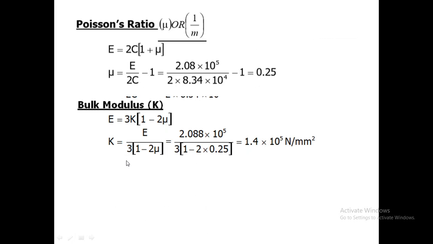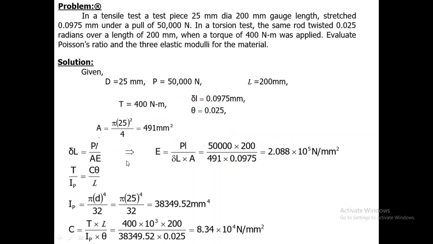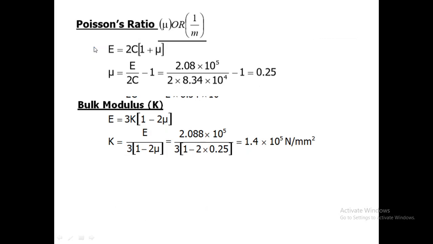Now he has given the Poisson's ratio here. In the first module we have seen the relationship between Young's modulus and rigidity modulus in terms of the Poisson's ratio mu, so directly make use of that equation.